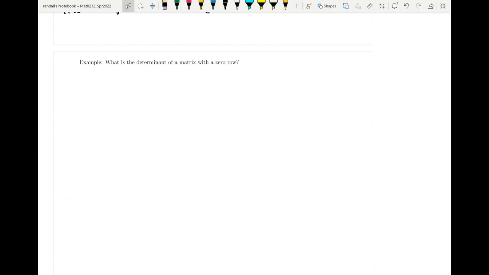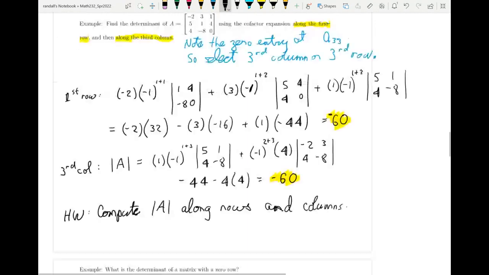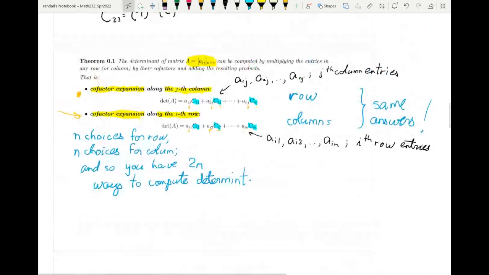So let's talk about this question here. The determinant of a matrix with a 0 row. Well, remember from the discussion above, this theorem, the selection of the row or column you select to compute the determinant of a matrix is up to you. They all give the same answer.